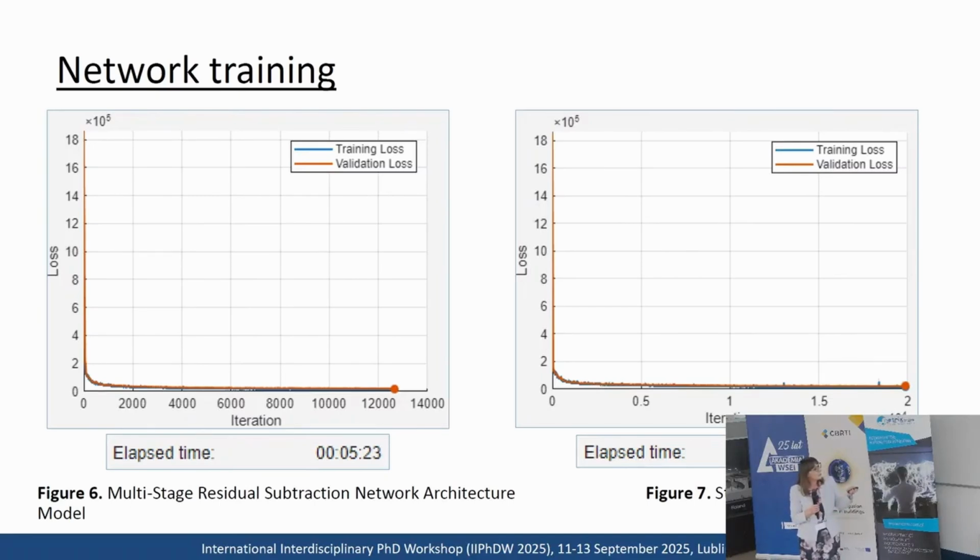On the right hand, we see the standard MLP model, and it took more than 8.5 minutes. So we see that the differential architecture model has a shorter training time, about 35%. But this is one thing, and it's not very important because we haven't seen the results.